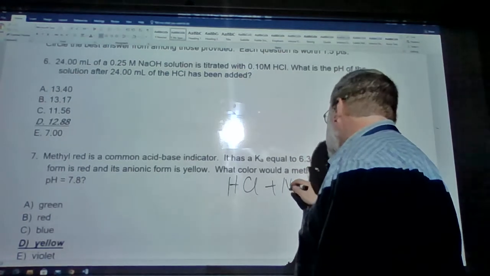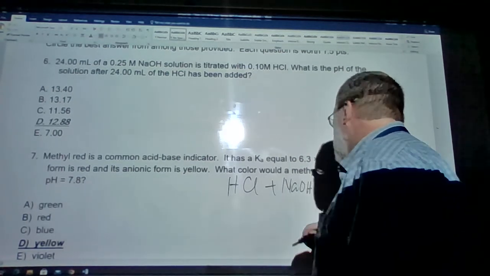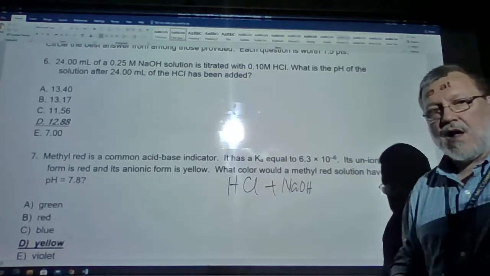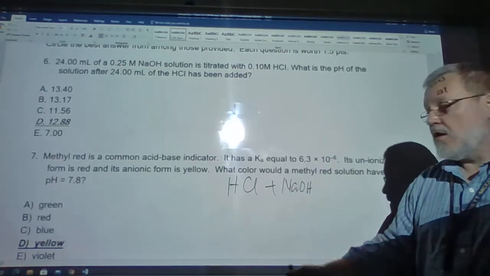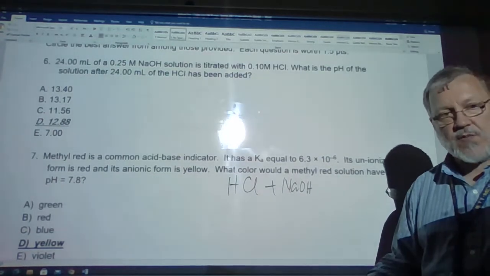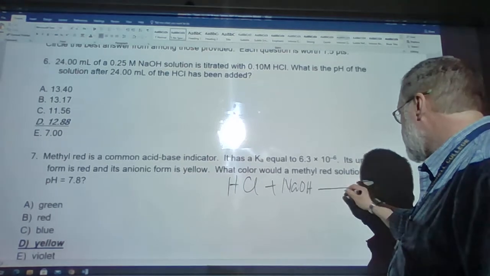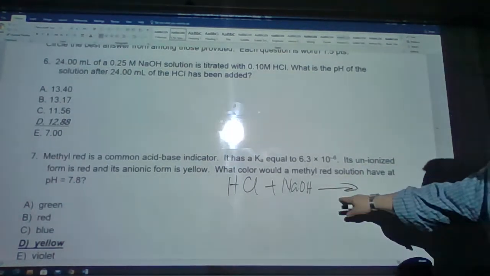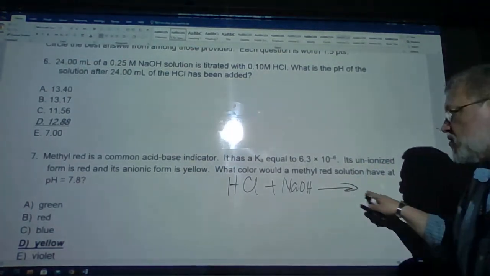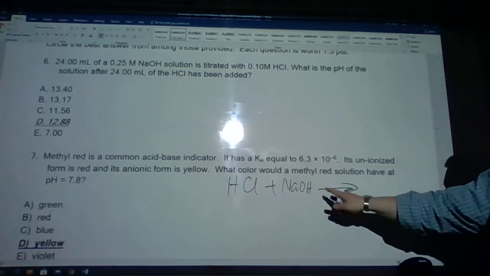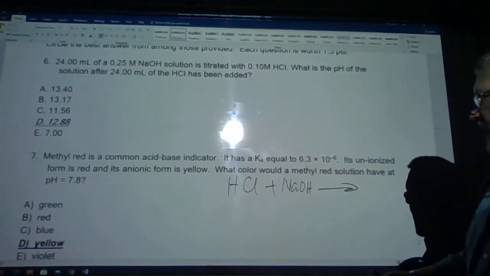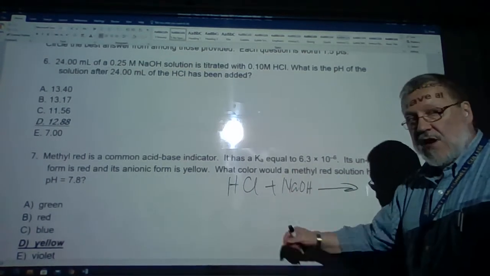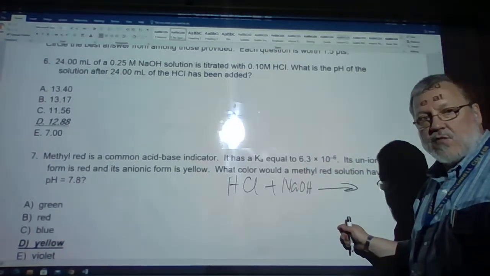HCl plus NaOH. HCl, strong acid. NaOH, strong base. We write the arrow only going in one direction because this is a strong acid and this is a strong base. When they react with water or with each other, the reaction only goes one way.